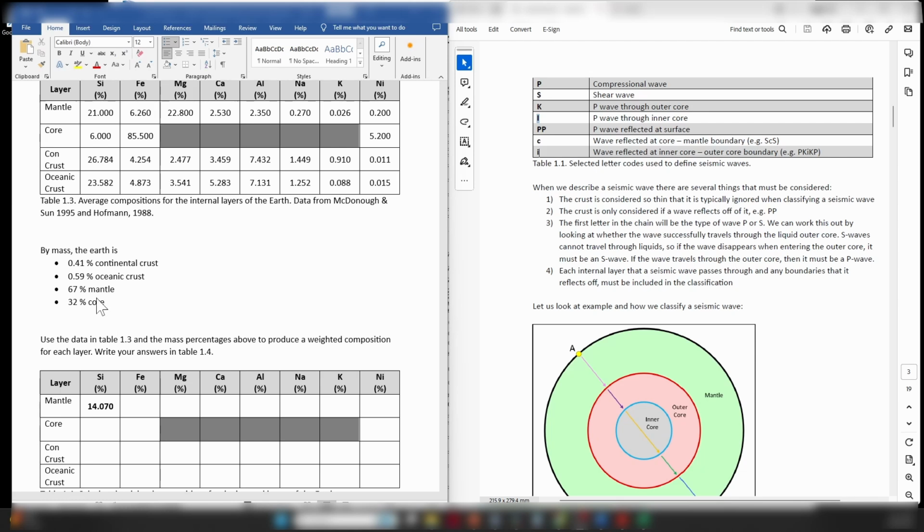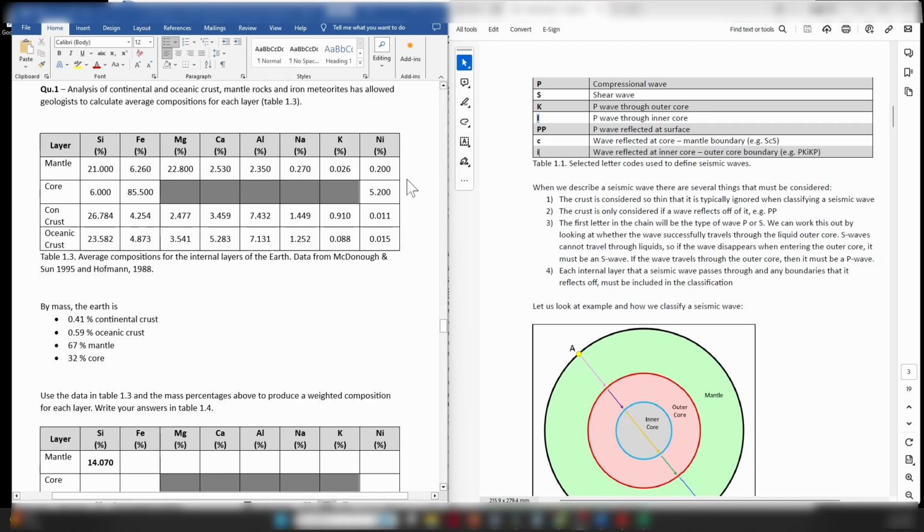So what does that tell us? Well, to start with, it tells us the core is obviously very dense, because although the core is large, it's not massive. And yet it represents 32% of the Earth's total mass. So that means whatever the core is made from must be very dense. And based on our analysis, we know it consists of substantial quantities of iron and nickel, which helps to explain why it's so heavy.